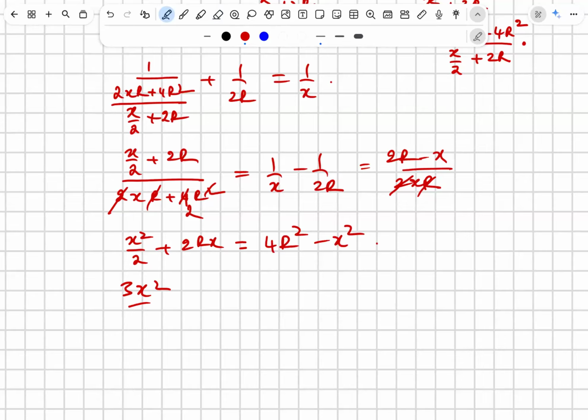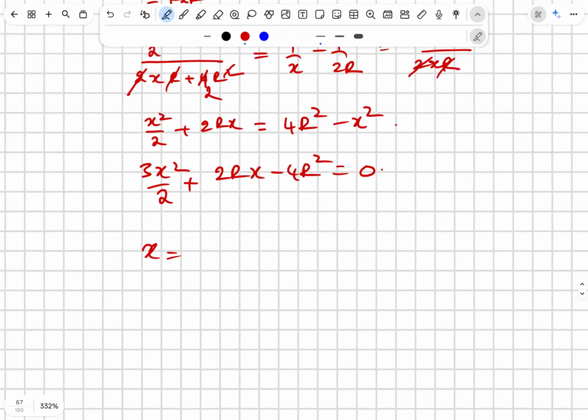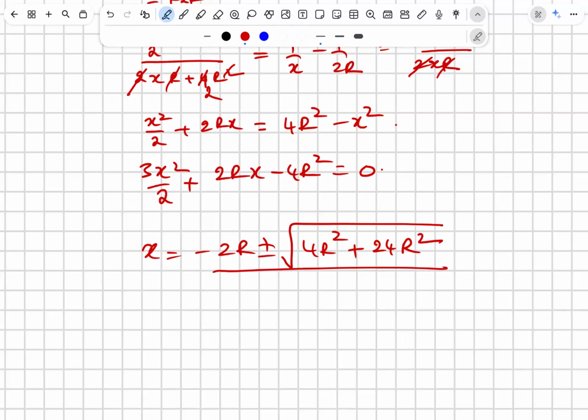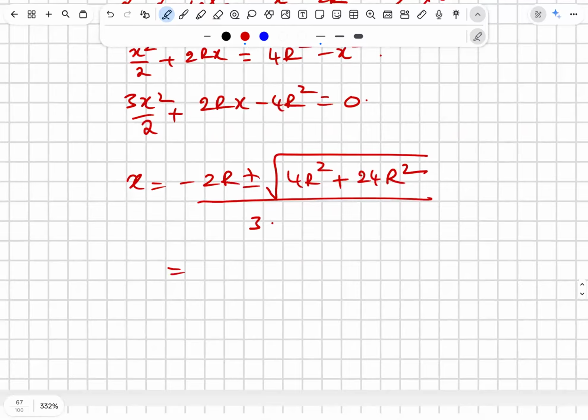So 3x square by 2 plus 2rx minus 4r square is equal to 0. x is minus 2r plus root of b square minus 4ac by 2a, 3. ఇది root 28.